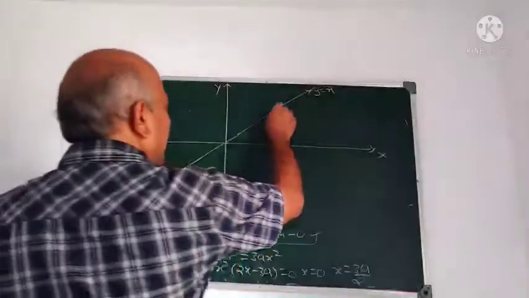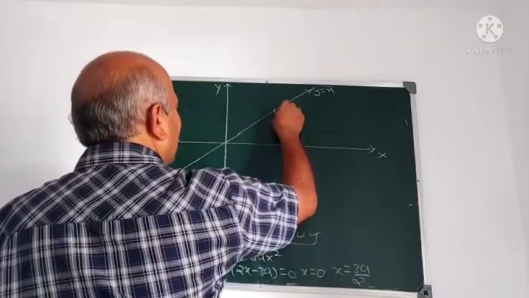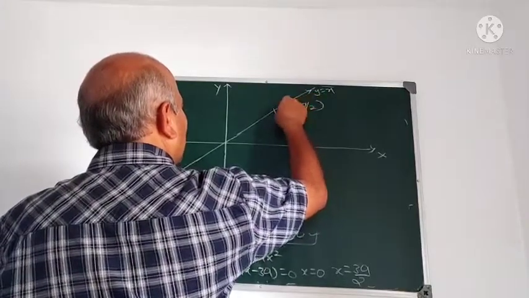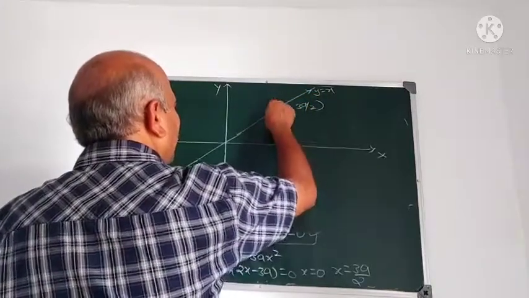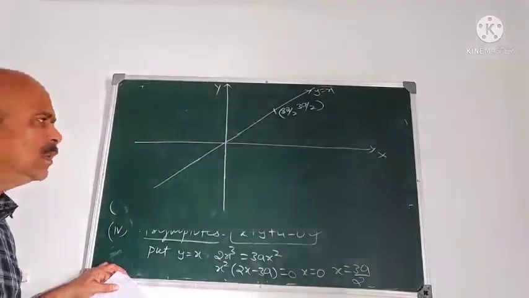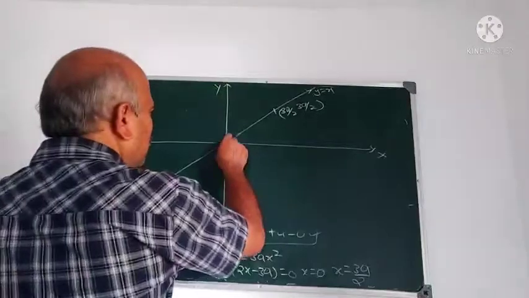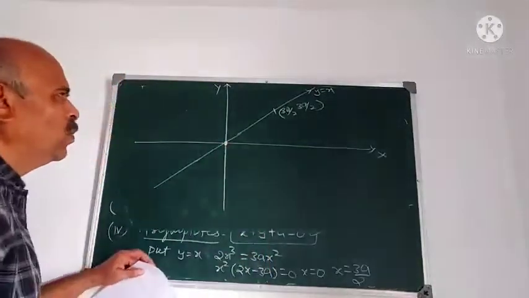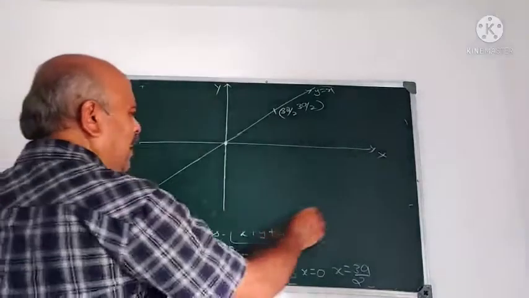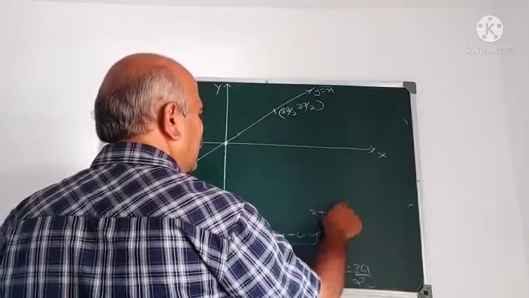And it intersects at (3a by 2, 3a by 2), the intersection of the curve and the line. The curve passes through this, and the origin is a node. And the asymptote line is x plus y plus a is equal to 0.